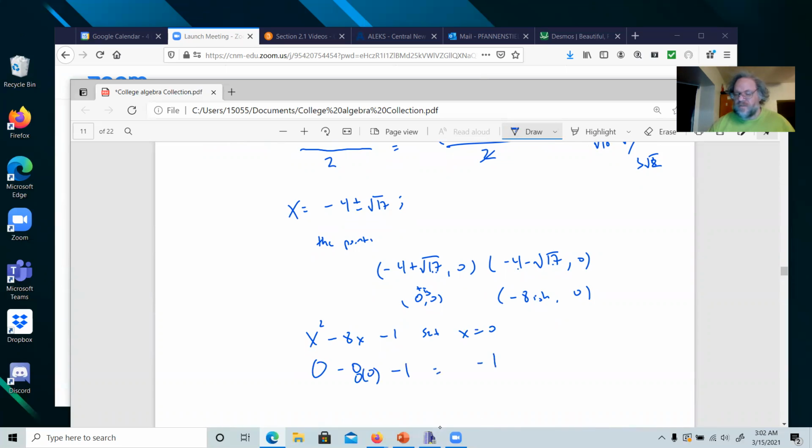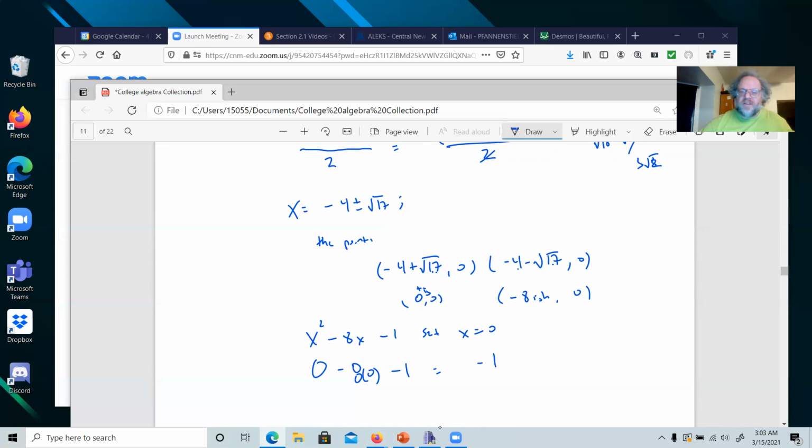All right, -1. So the y-intercept is very easy. The x-intercept, not so much. But we have the vertex, we have the intercepts, we should be all set. All the other stuff, axis of symmetry, domain and range, all of that is very good.